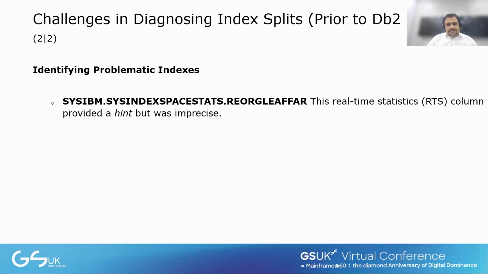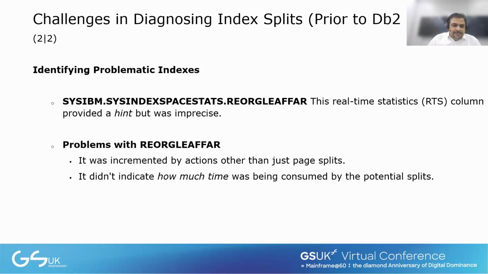When the distance between the previous and the target page is more than 16 pages, it is called a distant page. Ideally, the distance between two pages should be one page. That is the best situation. But the value you get from these RTS columns doesn't tell much. It will just tell you numbers in terms of how near that page is.